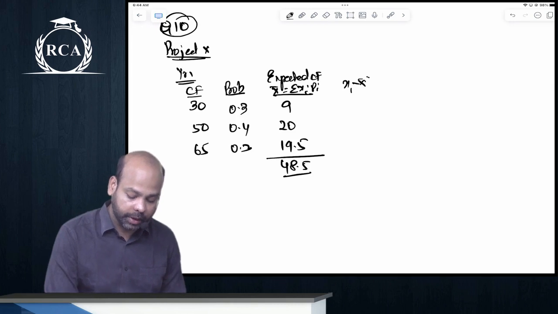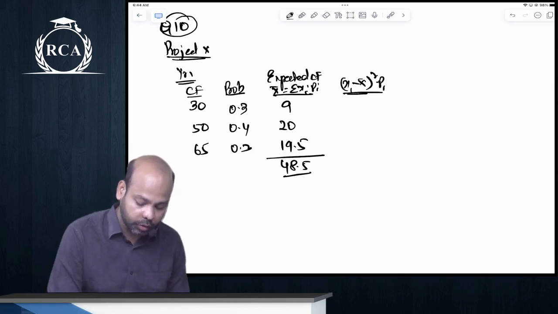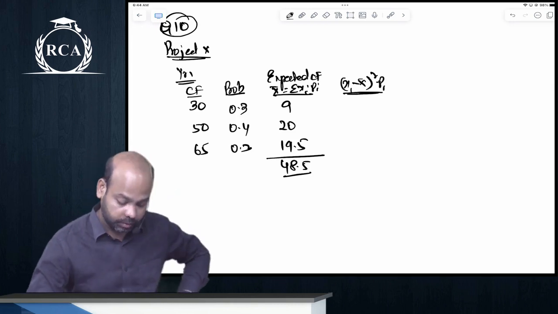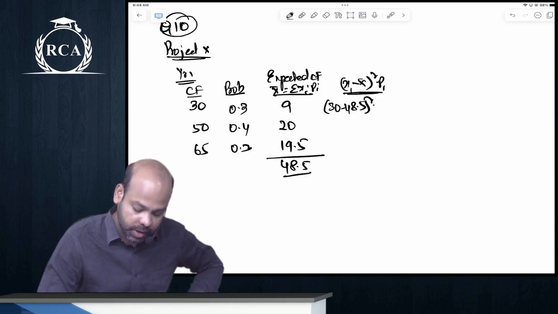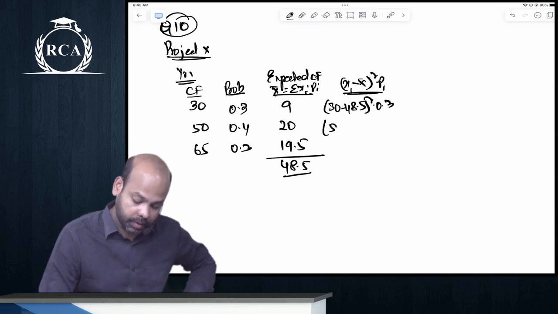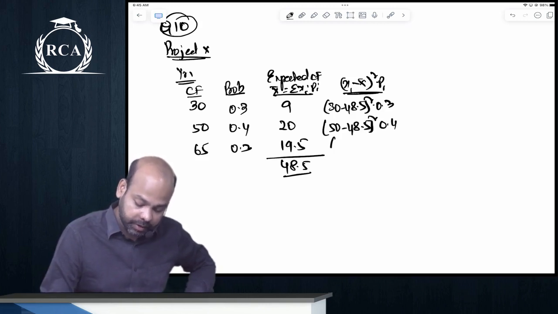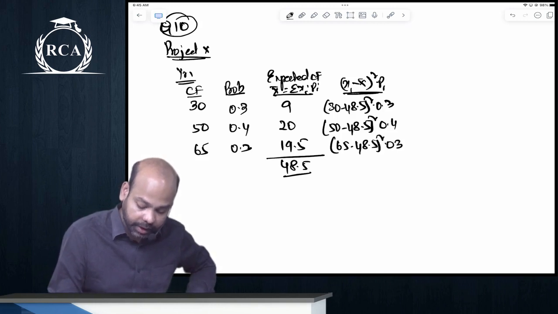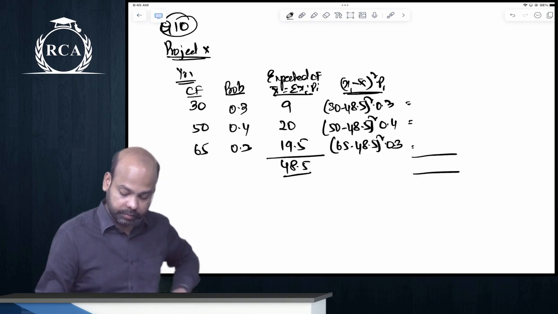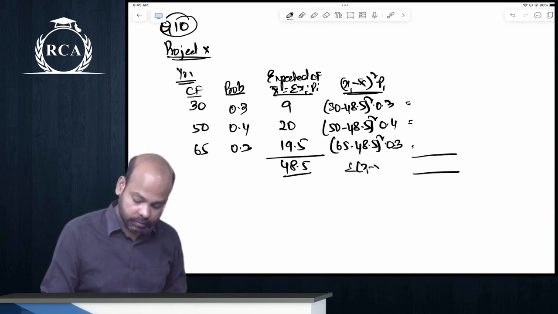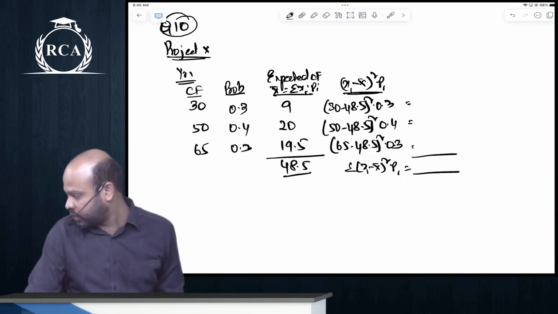Then you will compute xi minus x bar whole square into pi. 30 minus 48.5 whole square into 0.3. This is to arrive at variance of first year cash flow. Without this, we will not be able to arrive at standard deviation of the entire project. Do this, guys.